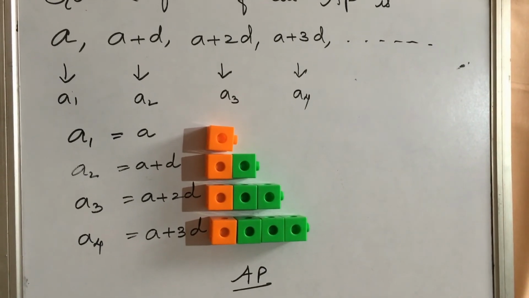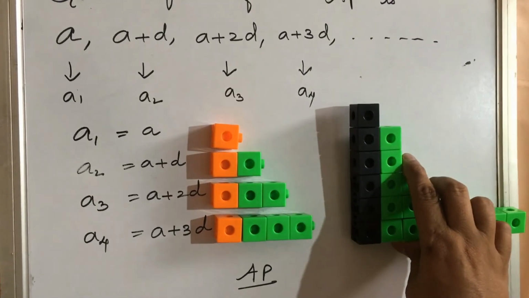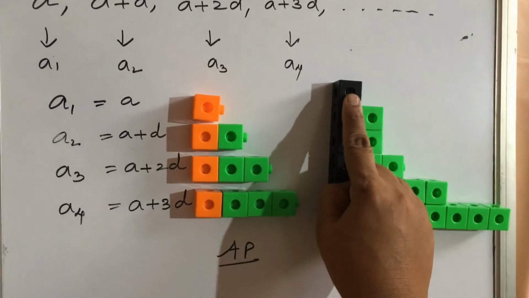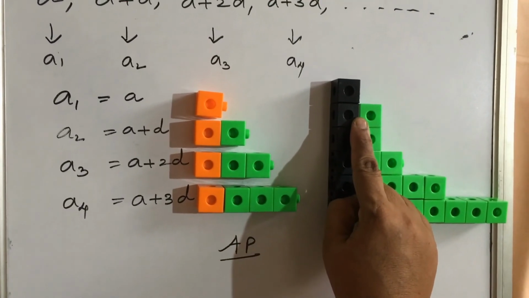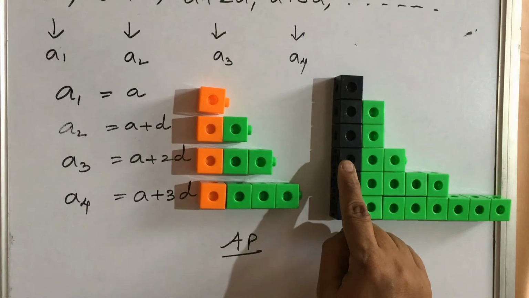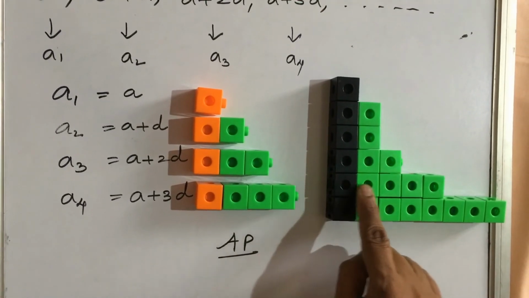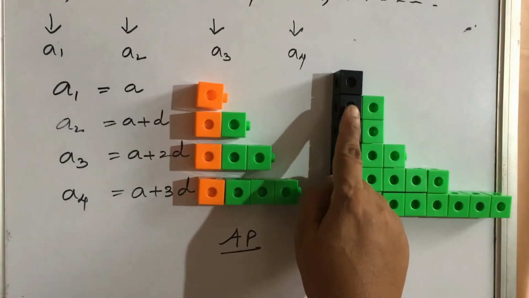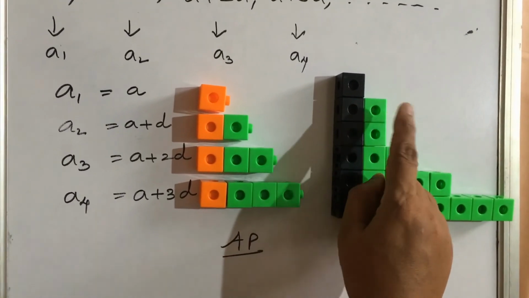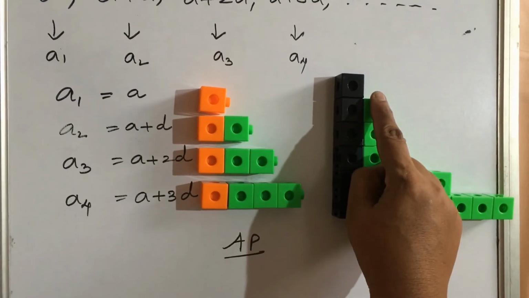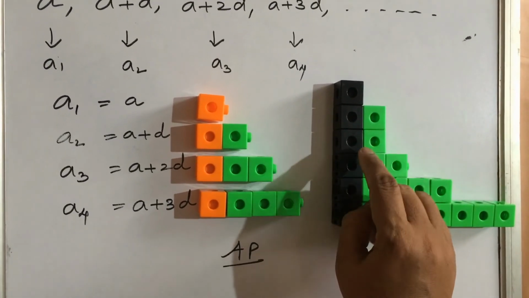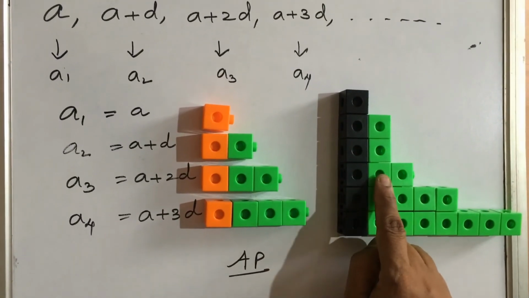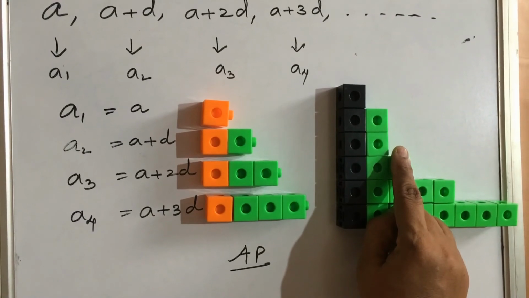Let us take one more example in this manner. Let us take this as the first term, this as the second term, this as the third term, the fourth row as the fourth term, the fifth row as the fifth term, the sixth row as the sixth term. So what we observe is that between the second term and the first term, one block gap is there. Between the third and second, there is no gap. Between the fourth and third term, one block gap is there.